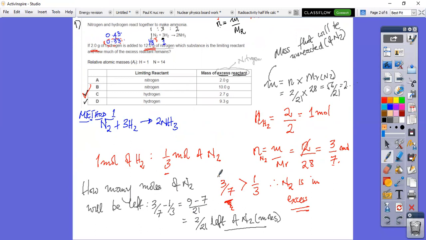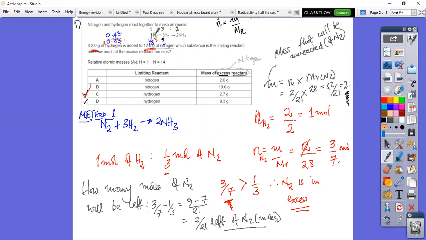So this is what I've got in total, but what will only react will be a third. So if I take those away, I know how many moles are left, then I can multiply the number of moles by the molar mass to get the actual mass that's left. So you're mixing two reagents from the sound of what you were telling me.